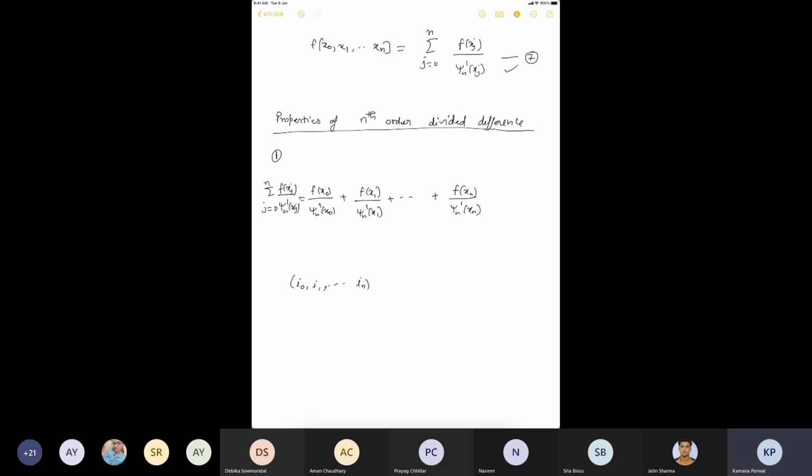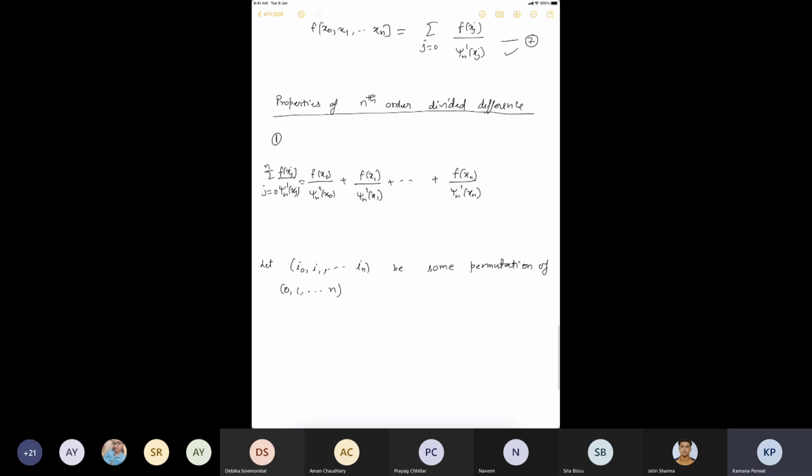This is a new arrangement of these indices 0, 1 to n. So let this be some permutation of this set 0 up to n.